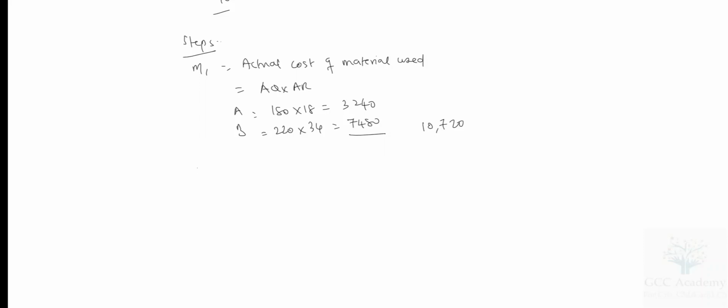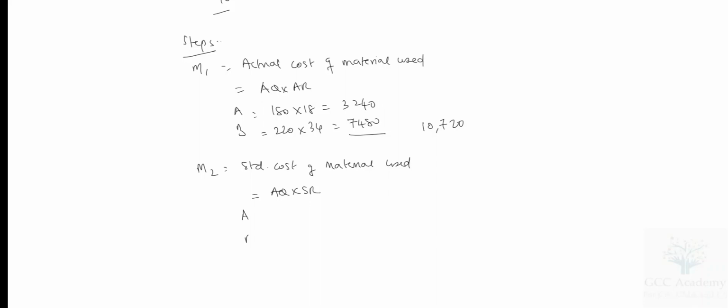Then M2, standard cost of material used. This is step 2. Very important. The formula is actual quantity into standard rate. Try to write both, so that you will not forget it.